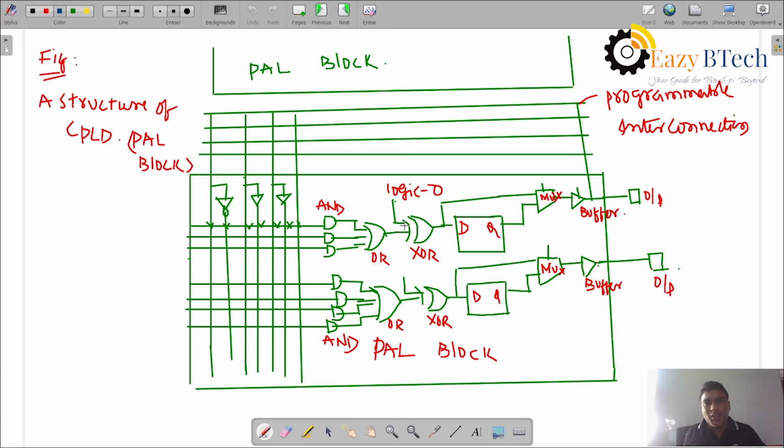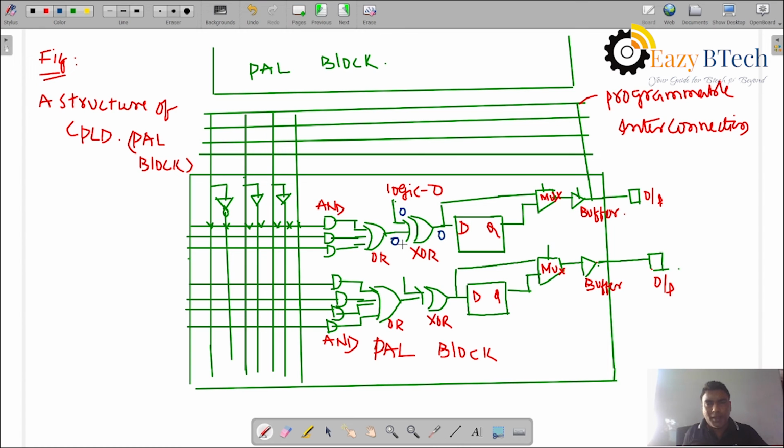If the OR gate output is 0, then 0 XOR 0 gives 0, so there is no change.